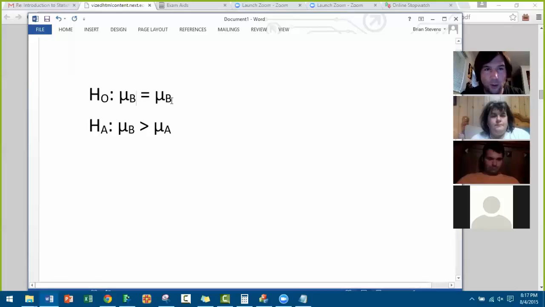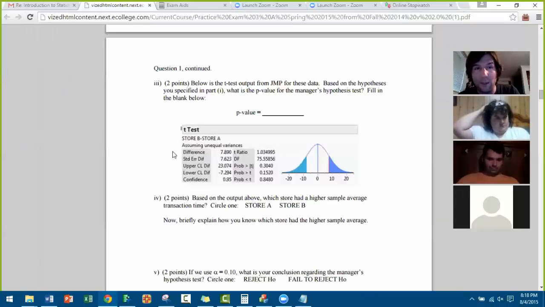It doesn't matter which order you put them in, but JMP will always put them in reverse alphabetical order. So the way I've written this right now, with mu B greater than mu A, if we look back on this output, if we put a mu in front of this, on the JMP output, to see the null and alternative, just put a mu in front of this, and it's a 2-sample test then. Mu B greater than mu A is the alternative that relates to this one. But we're not going for that.